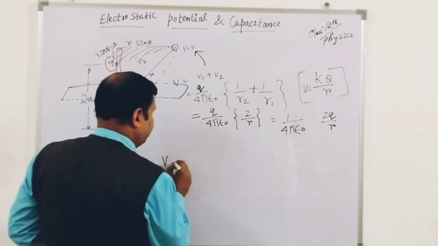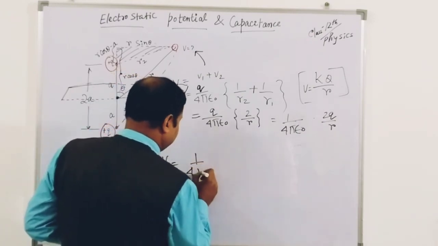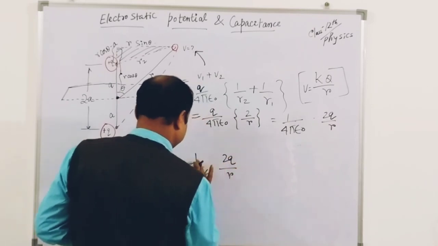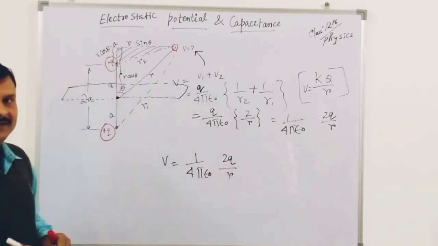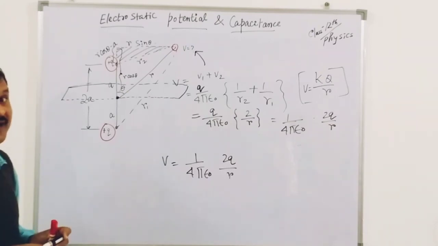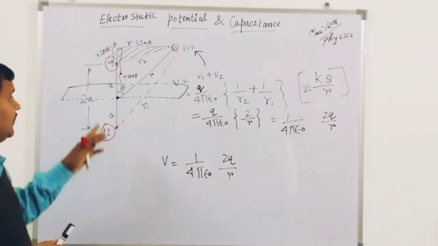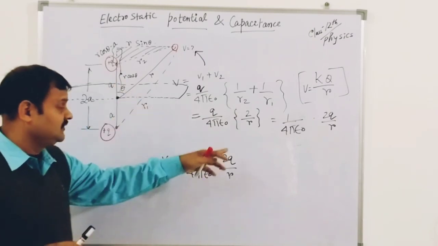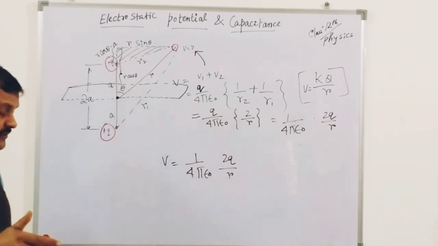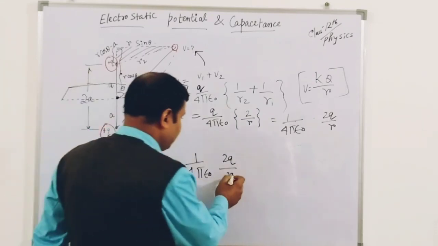The potential will be 1 by 4 pi epsilon naught times 2q by r. That means it is not dependent upon this angle theta. What does it mean? We'll come to that in the next session. This is the concept of equipotential. That means it depends only upon r.